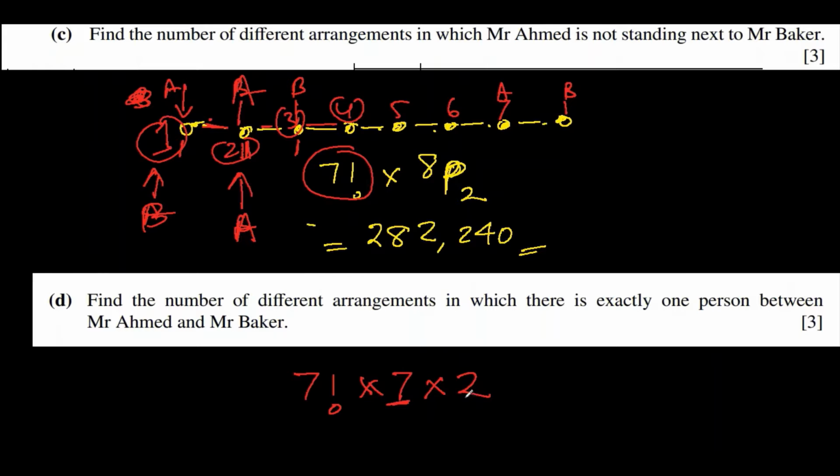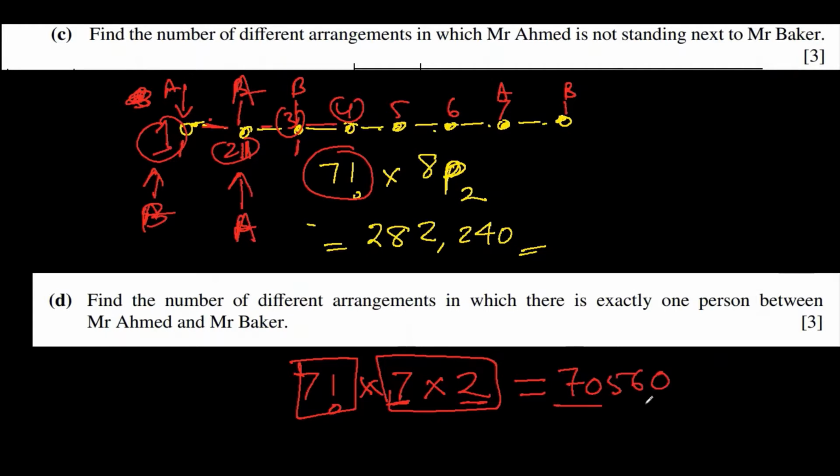So every 7 cases, every case is multiplied by 2 because both the arrangements are possible, AB or BA. So 7 factorial is the arrangement of other people, and 14 ways these 2 guys can sit and stand, and we can multiply all of them and we'll get our answer, which is 7560. These many ways this can happen.